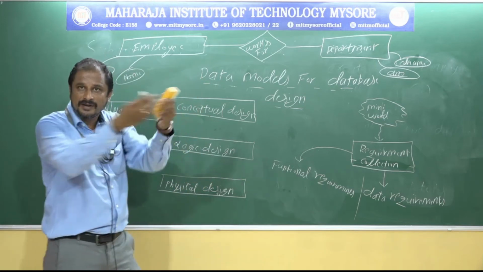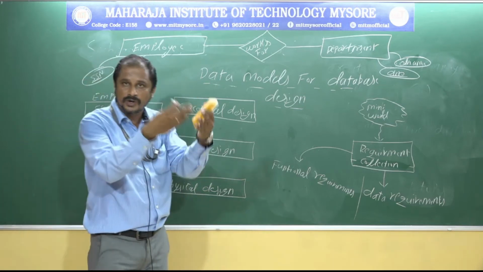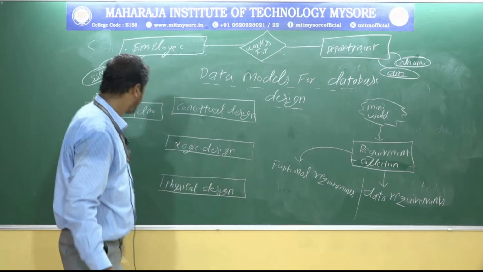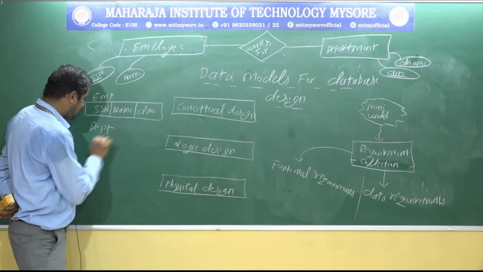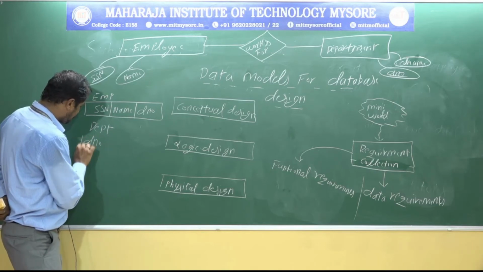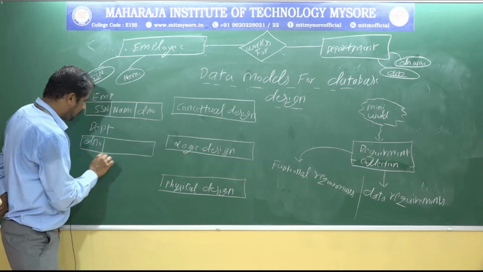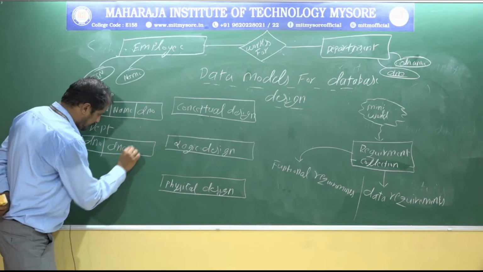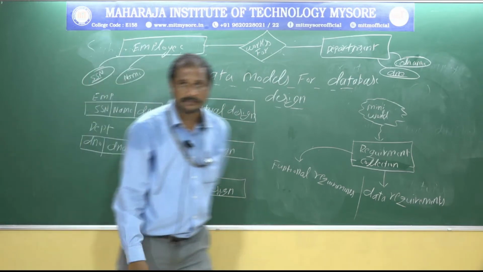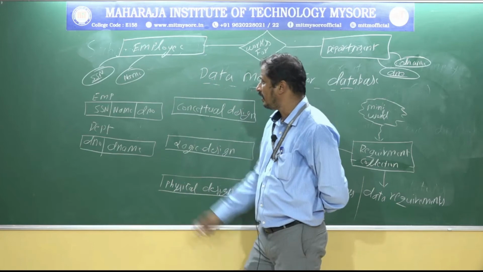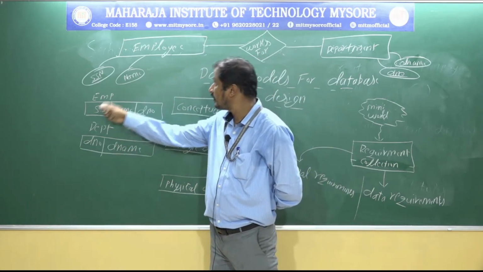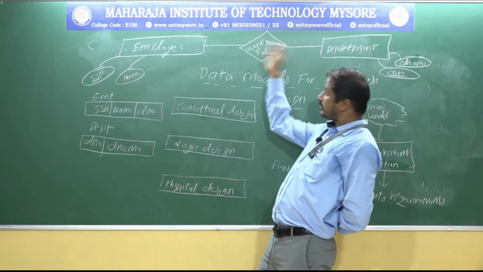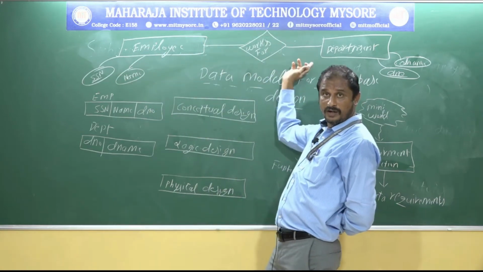Taking a diagram and converting it to tables. Then I go with department: D number and D name.